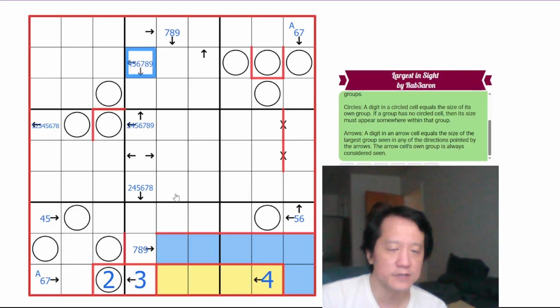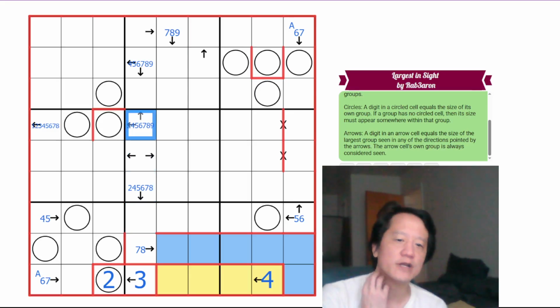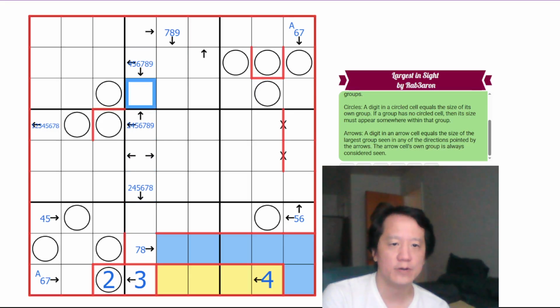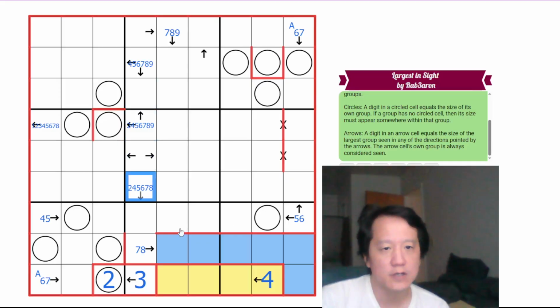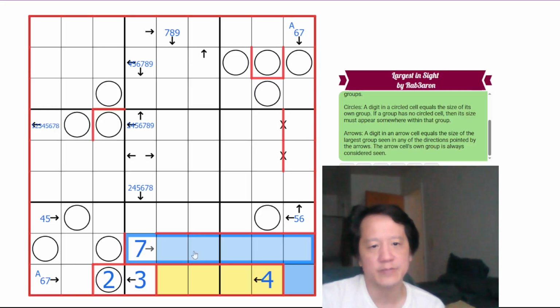And this must be greater than that group there. So whichever one this is, it has to be greater than that. So this is not 9. So it's 7 or 8 here. This must be greater than that. So then this has to be 7. So this is 7, which means it matches that.